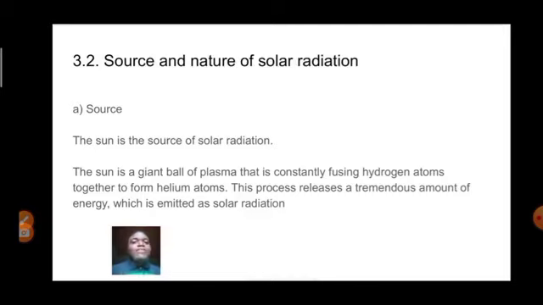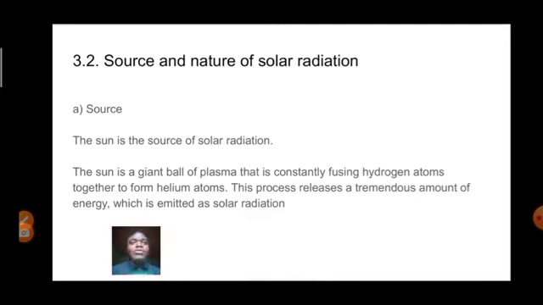The sun is a giant ball of plasma that is constantly fusing hydrogen, or burning hydrogen atoms together, to form helium atoms. This process releases a tremendous amount of energy, which is emitted as solar radiation.